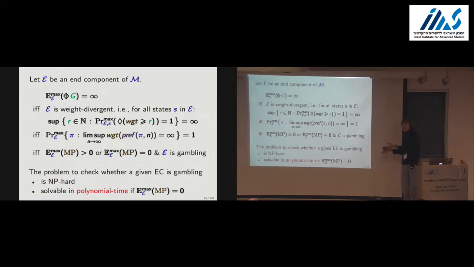And the other option is that all BSCCs of such memoryless deterministic schedulers are 0 BSCCs, by which I mean that on all the cycles the accumulated weight is 0. The trick to get this polynomial time algorithm is to identify all the end components which enjoy this property of being a 0 EC, in the sense that all the cycles have accumulated weight 0.